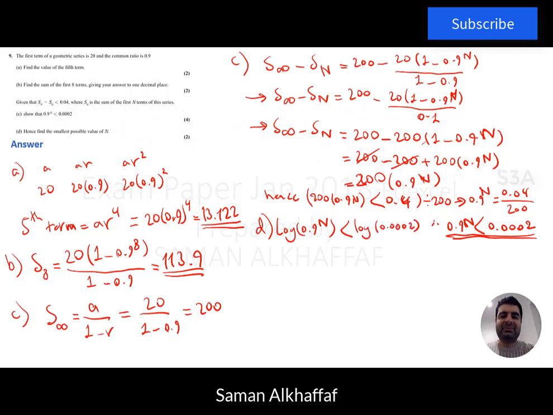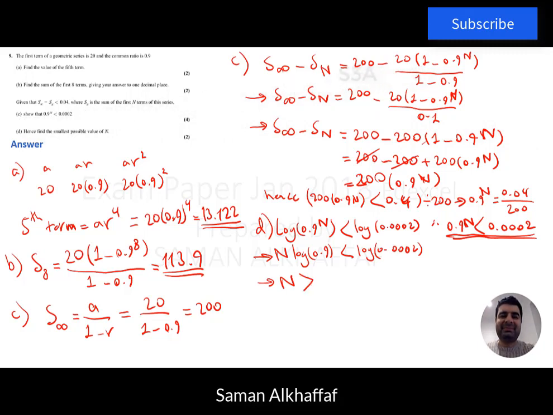Now we can move the n like this, because the power moves ahead of the log, so we would have n log 0.9 smaller than log of 0.0002.